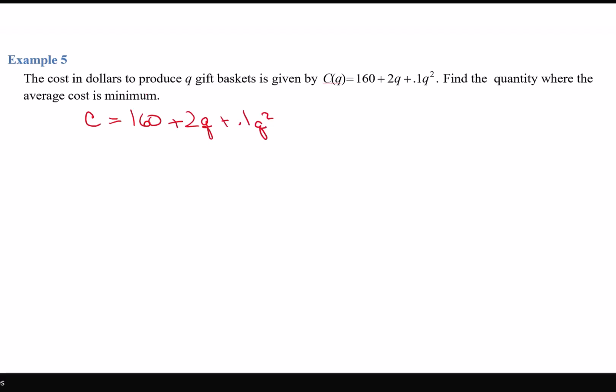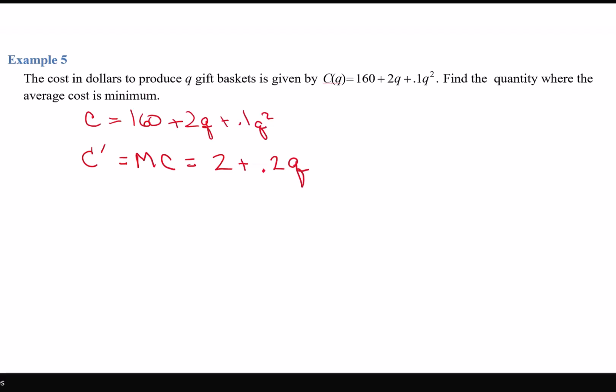I need to take the derivative of my cost. That's going to give me my marginal cost. That equals, well, 160 is a constant. It just goes away. Derivative of 2Q is 2. And the derivative of 0.1 Q squared is 0.1 times 2, or 0.2 Q.